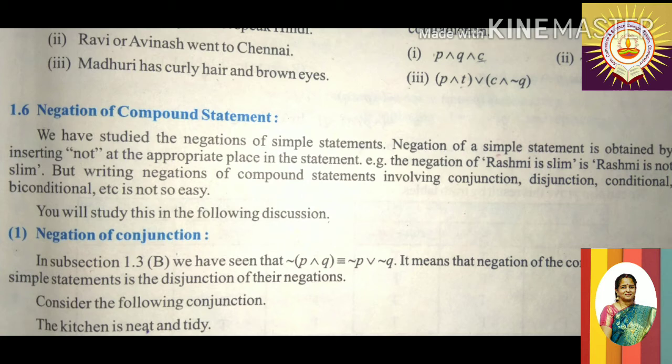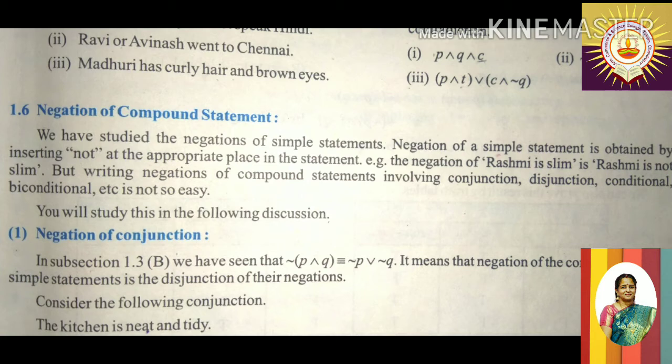For example, the statement is Rashmi is slim. Apply not to the given statement, so we get Rashmi is not slim. It is negation of simple statement.